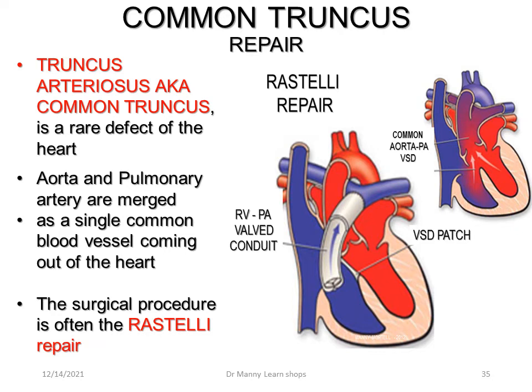There's usually a VSD or some sort of other shunt problem or some sort of other problem related to the valves. And in this procedure, the right ventricle and pulmonary artery end up having a valve conduit. The VSD, ventricular septal defect, is patched.